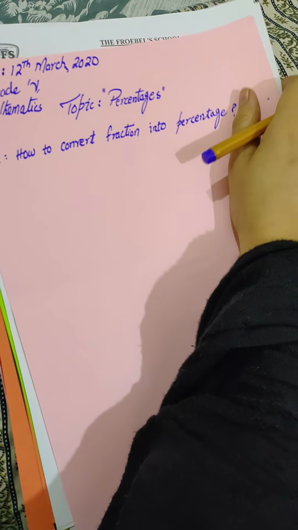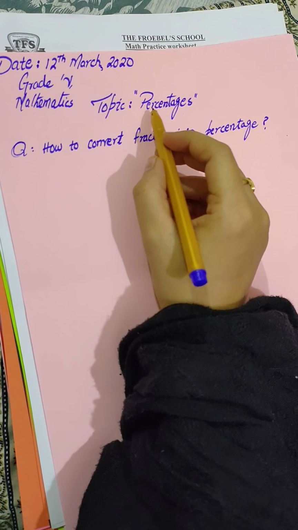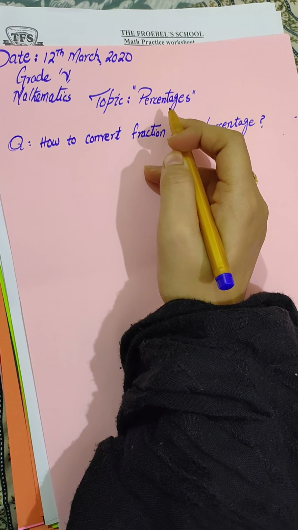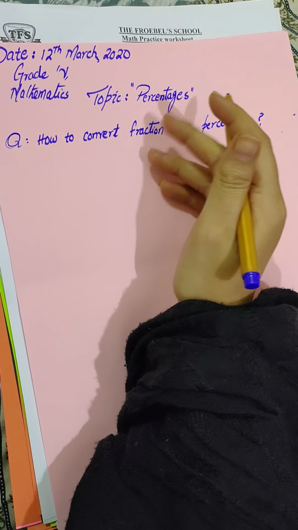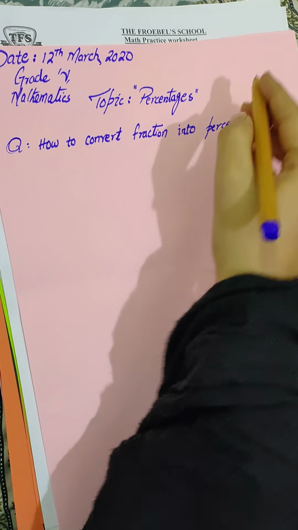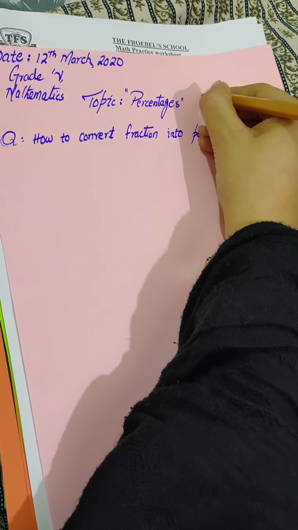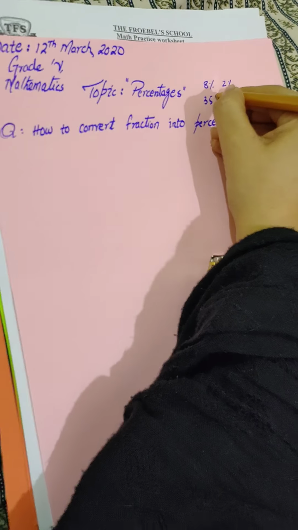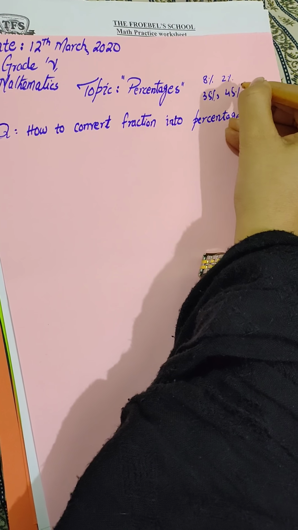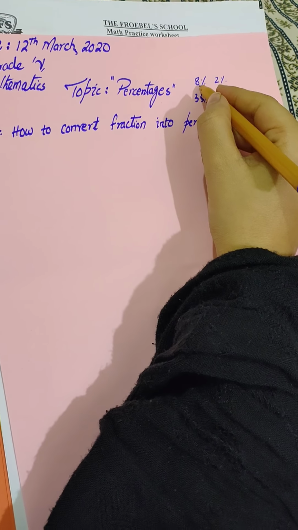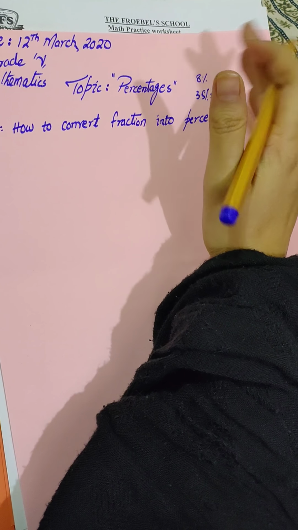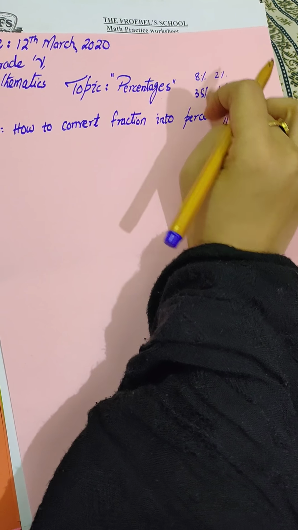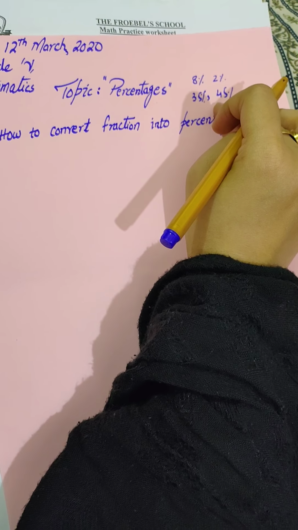I told you in the previous video what the meaning of percentage is. Percentage is a special form of a fraction in which you divide any number by 100, and you can easily convert it into a fraction, right? If we have 8%, 2%, 35%, 45%, or 55%, you can easily write them as fractions by putting 100 in the denominator: 8 over 100, 2 over 100, 35 over 100, and 45 over 100.